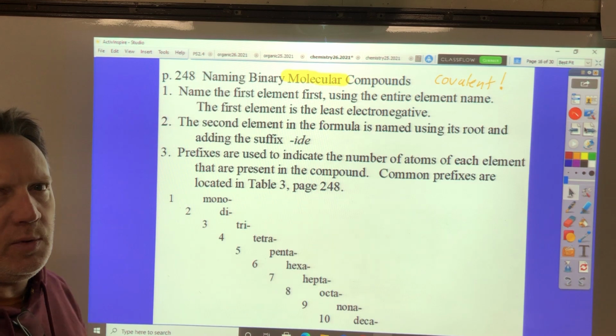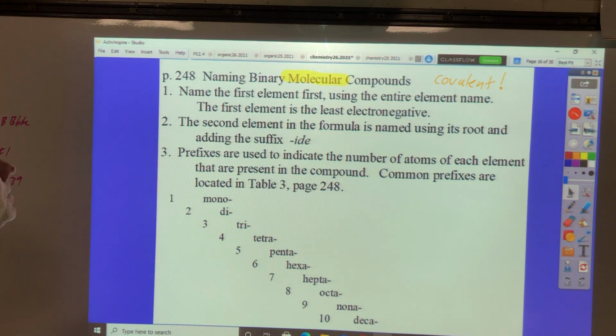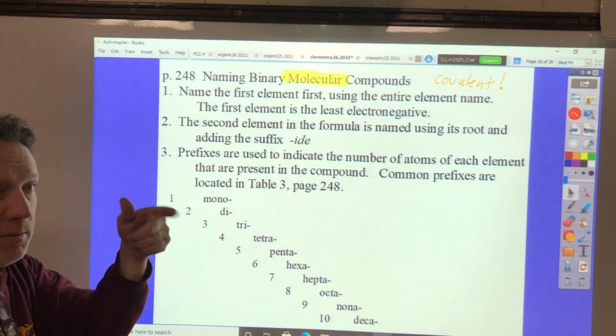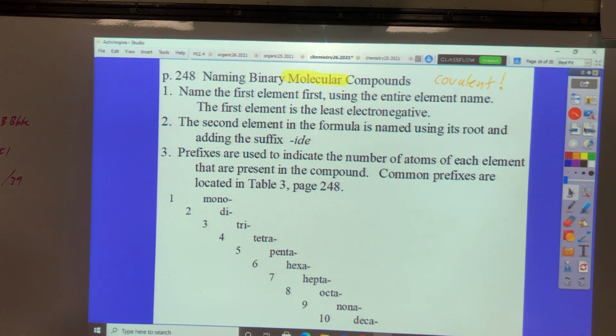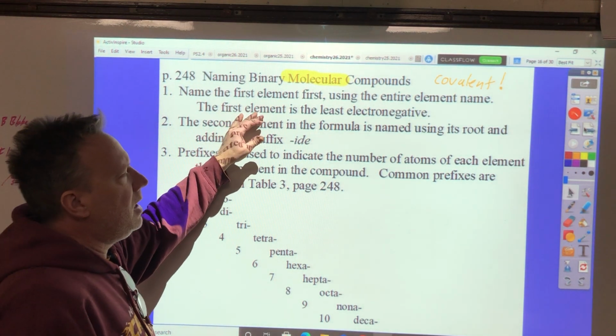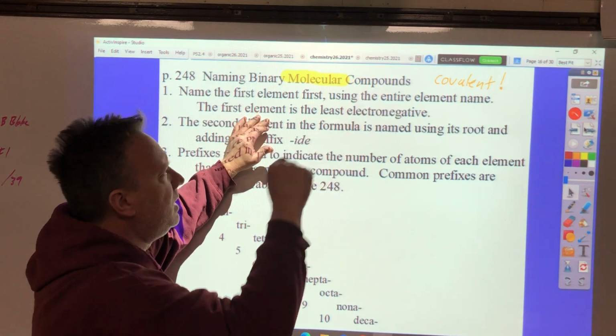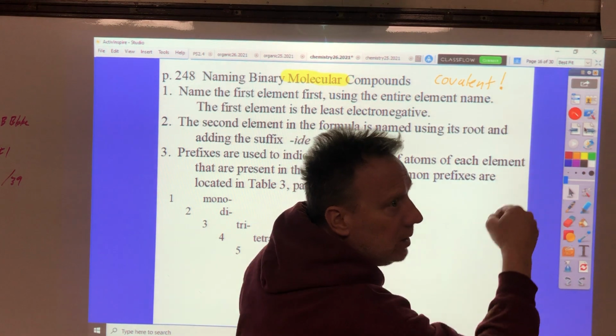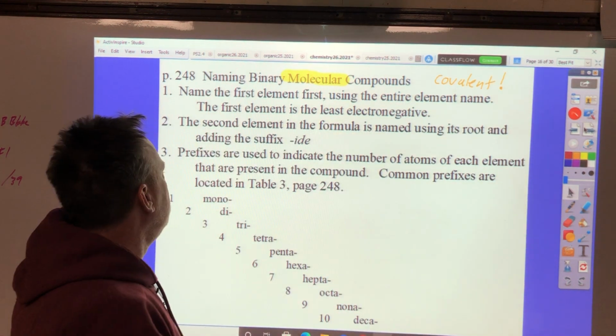You don't have those with ionic compounds. So you name the first element, it's still two names, the first name and the last name. The first element is the least electronegative, farthest from fluorine. As you go, your elements get closer to fluorine, as a general rule.